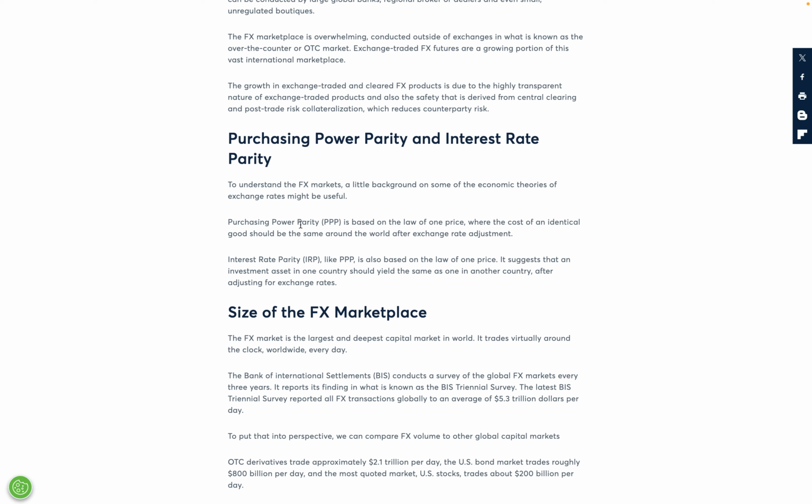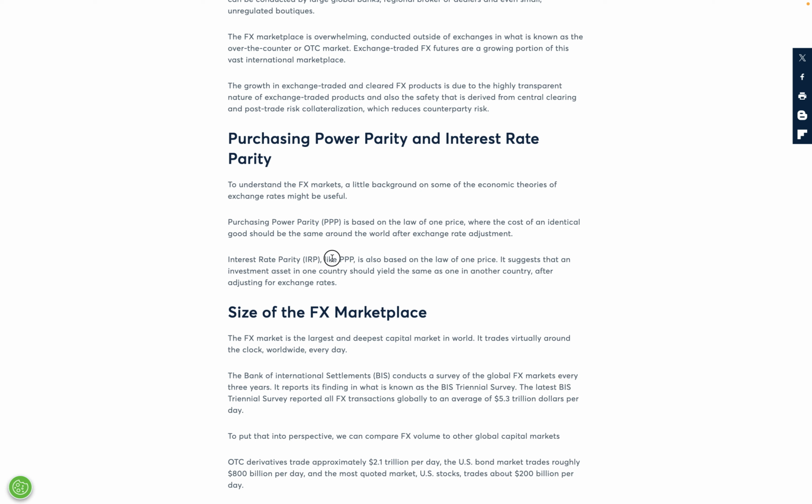So purchasing power parity is based on the law of one price, where the cost of an identical good should be the same around the world after exchange rate adjustments. So that means $1 is equal to $1, and on the day, if $1 is equal to £3, $1 is equal to £3 everywhere in the world. That's how I understand this. I'm not sure if that's correct, but that's how I understand it.